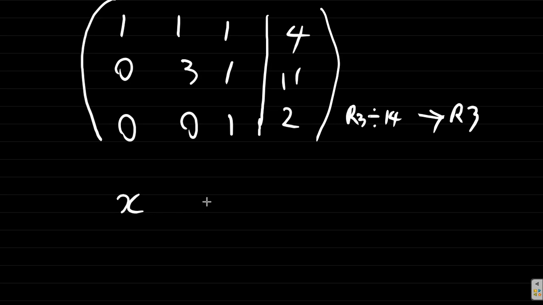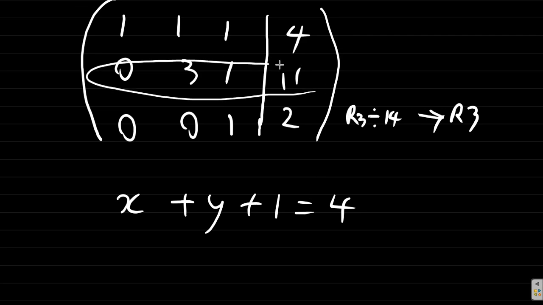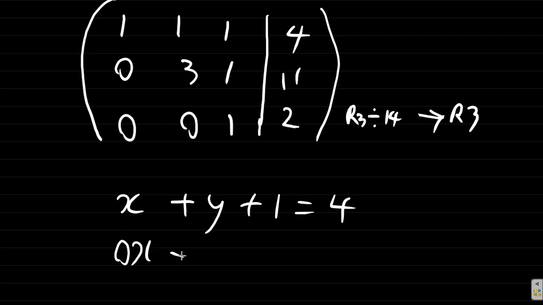So it's 1x plus 1y plus 1z equals 4. That's equation 1, row 1. Come from up here. Next is going to be row 2 from here. 0x plus 3y plus, look here, it should be 1z. Yeah, plus 1z.